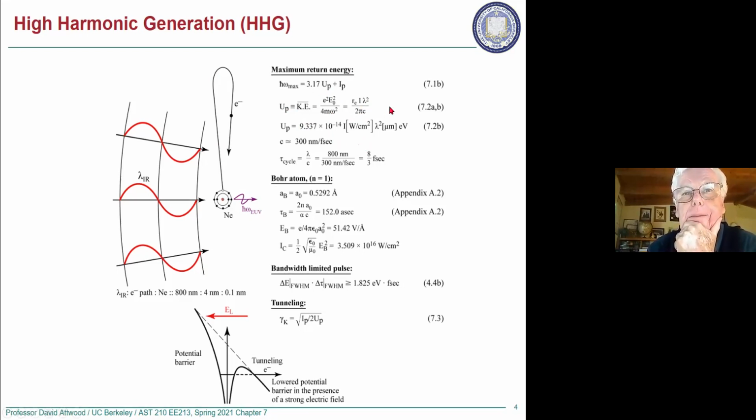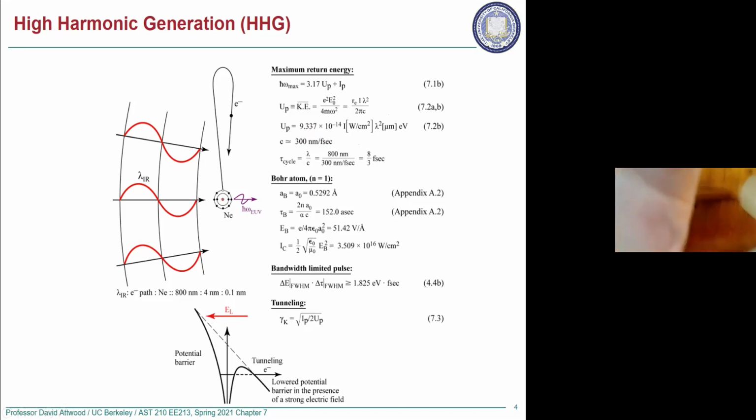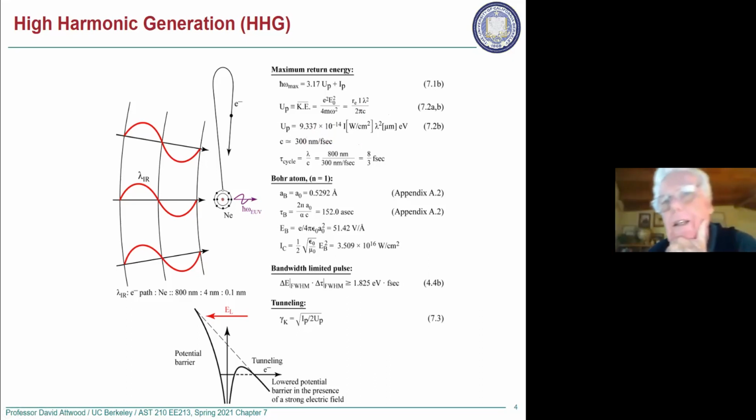And numerically, this is what it looks like: 9.3 times 10 to the minus 14 times the intensity in units of watts per centimeter squared and lambda squared in units of microns. So these are formulas we're going to see shortly.